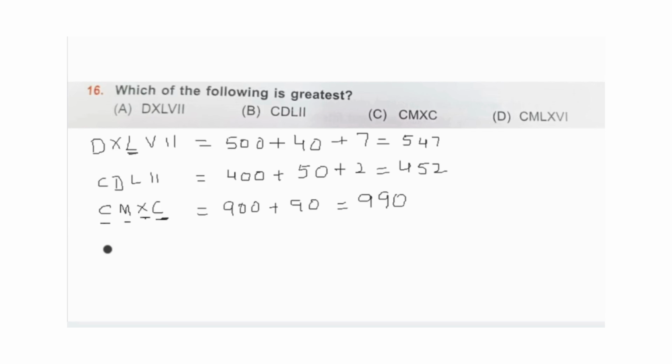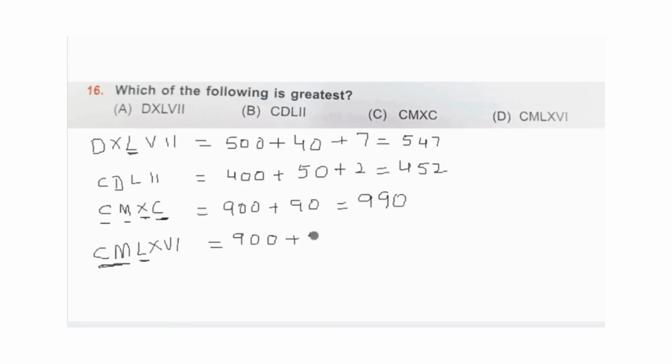Now let's see the final option, which is C, M, L, X, V, I. So here we know that M is 1000, C is 100. So since C is before M, let's write 1000 minus 100, which is 900, plus L is 50.